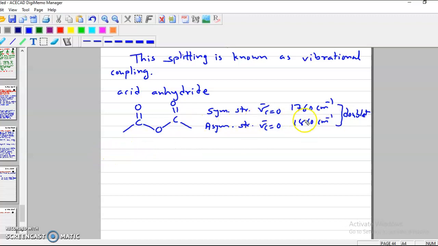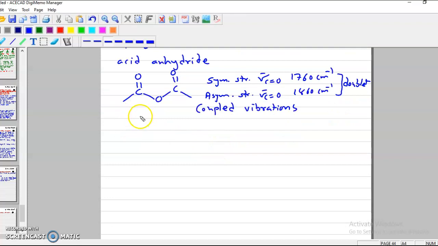And this doublet, in which one has lower frequency due to symmetric stretching, another has higher frequency due to asymmetric stretching, and this is known as coupling or coupled vibrations. These are called coupled vibrations. Okay, so wherever we have similar bonds, we can observe this one, and it appears as doublet like this. Okay, for example, here this is at 1860 centimeter inverse, and this one is at 1760 centimeter inverse.